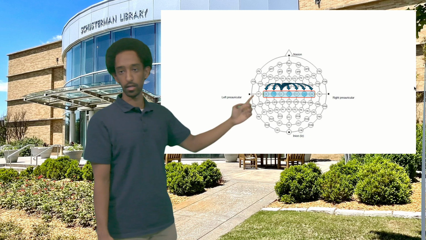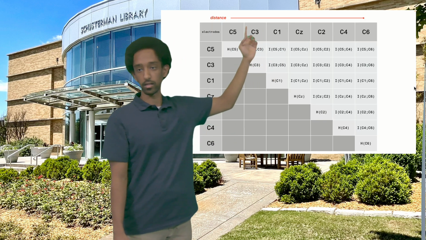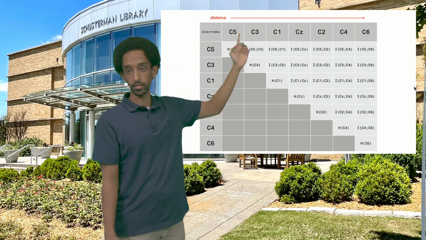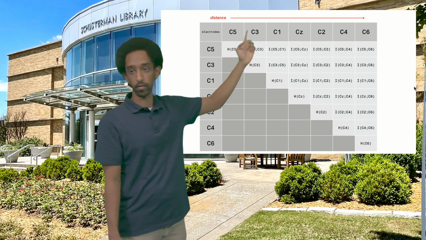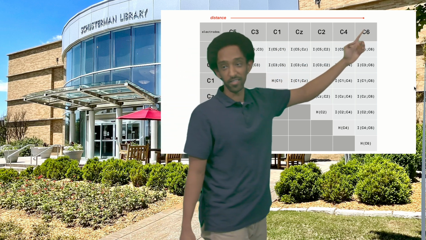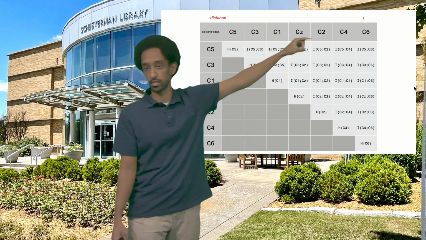As we go in this direction, the electrodes become farther from each other. So C1 is farther from C5 than C3 is, and C6 is the farthest electrode away from C5. So this is increasing distance.